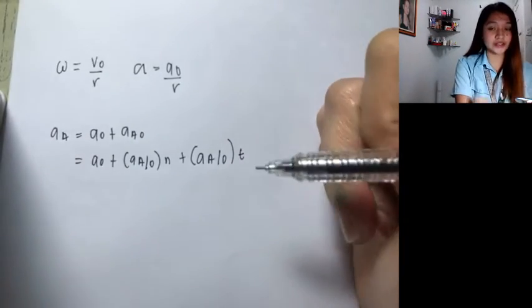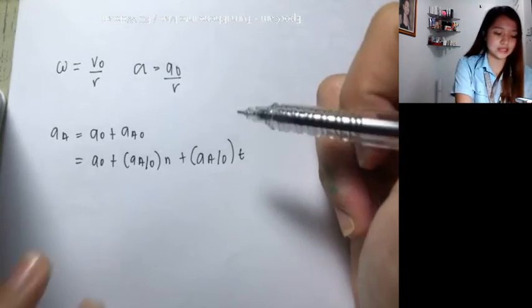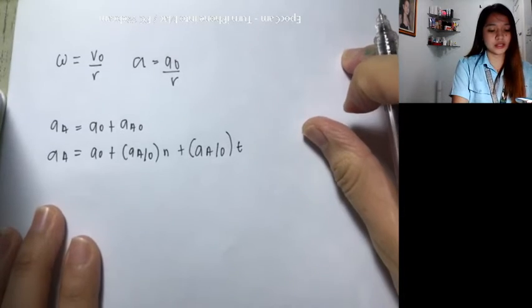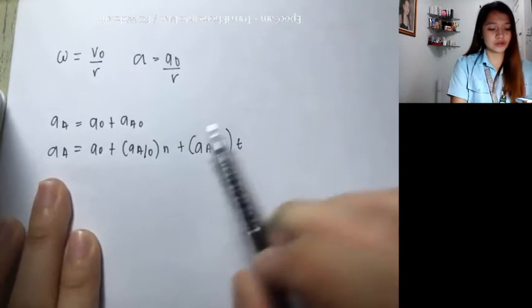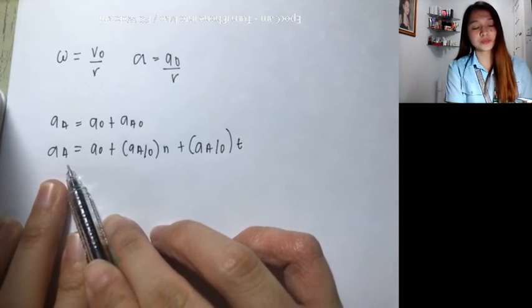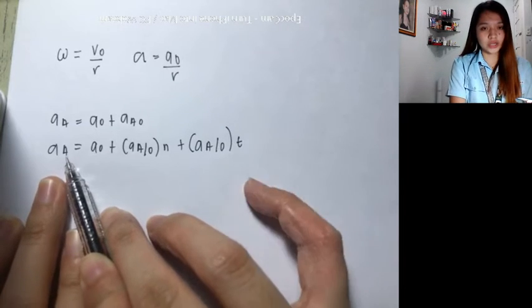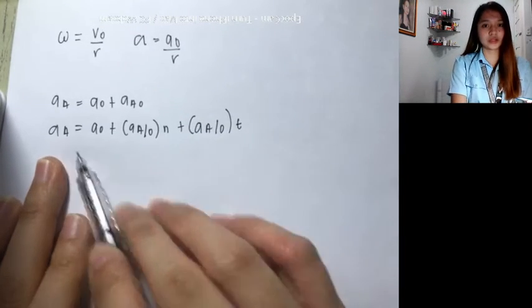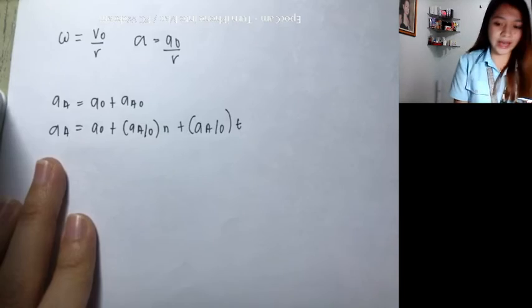So this is the acceleration at point A, which has a magnitude of acceleration A to O normal and acceleration A to O tangential.